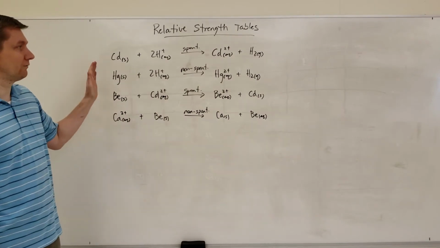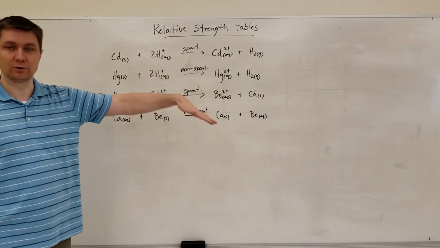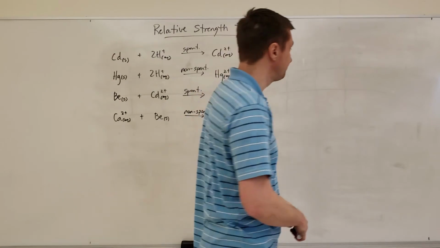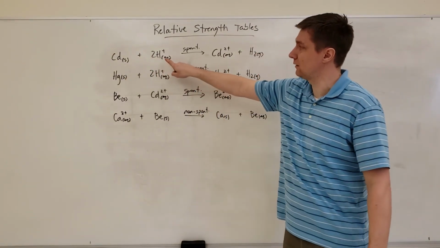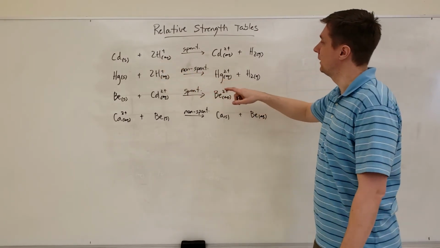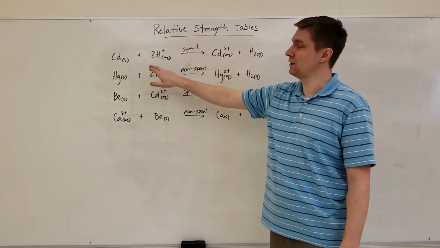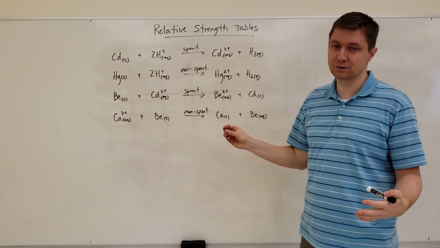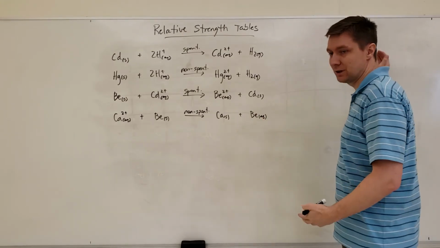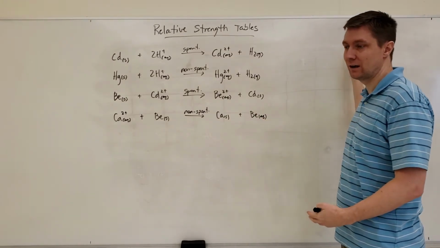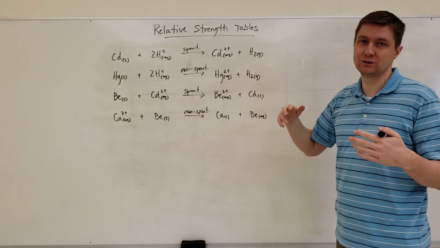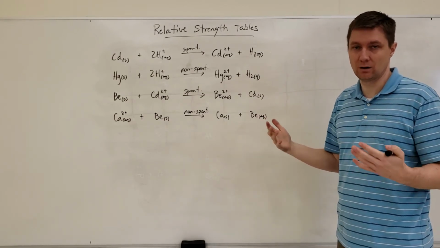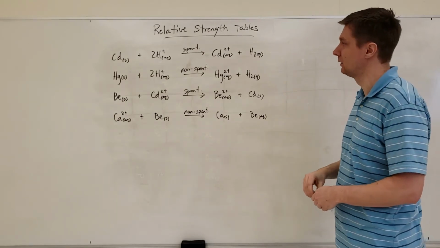So let's take a look at the information that we've got here, and then let's build our reduction half reaction table on the side. So right here I've got Cd solid reacting with H+. Now, in terms of the coefficients here, you don't need to worry about the coefficients. When you're writing your reduction half reactions over here on this side, only worry about writing them out and having coefficients if you need to balance them based on the number of electrons, and I'll show you what that looks like.